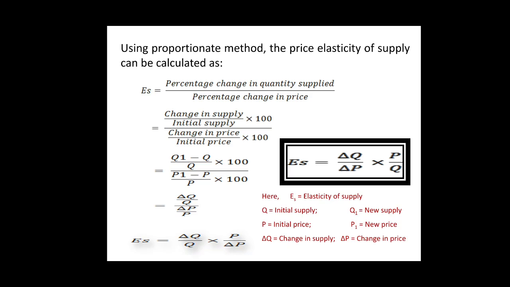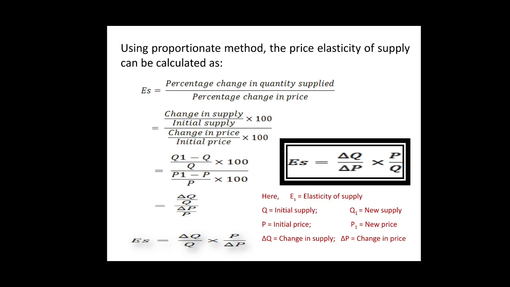Using this method, the price elasticity of supply can be calculated as Es, which is elasticity of supply, is equal to percentage change in quantity supplied divided by percentage change in price.